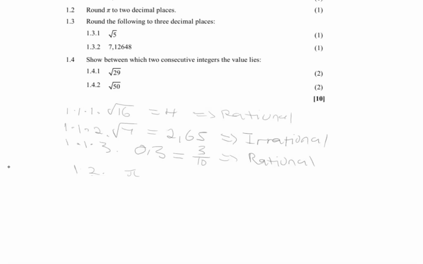Pi in decimal form is when you punch pi on your calculator, you should get 3,14159 up to infinity.